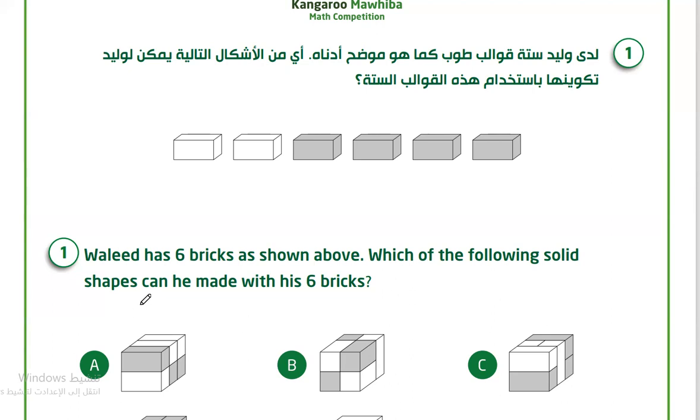So here, let's see the shape. Here we see 4 shaded and 2 not shaded, or we can say this is dark and this is white. So they want us to find which shape he could make with only these 6 blocks.